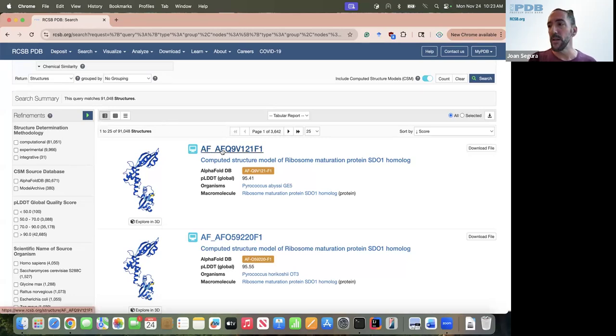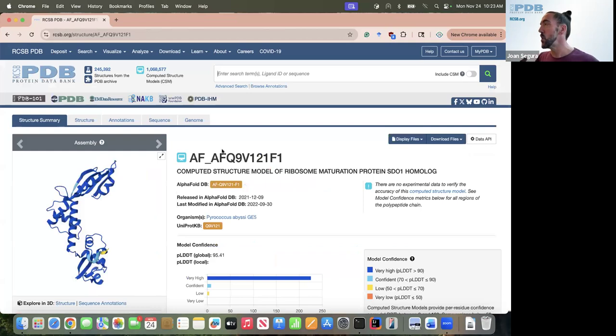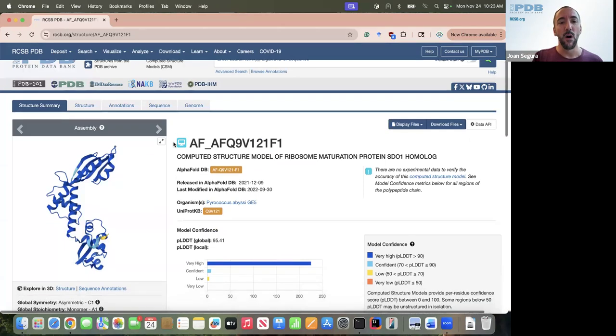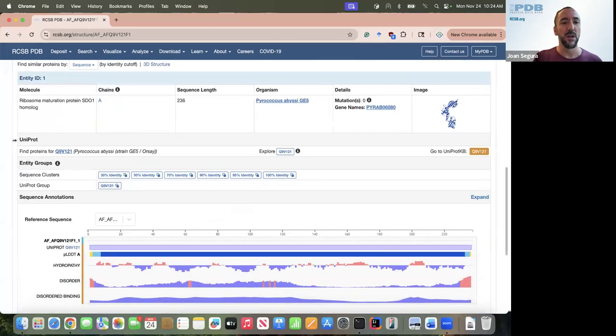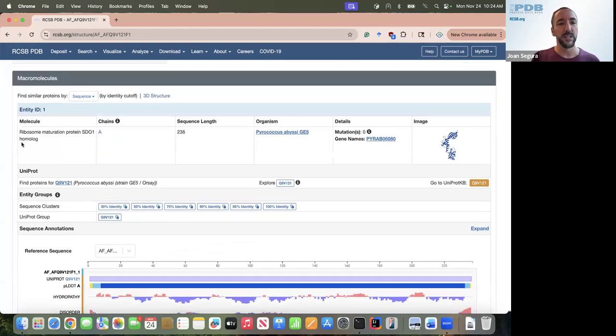So let's see what information is available here. As I said before, basically the information that we have is the same as for experimental entries. All the models come with a structure summary page, where you also have the macromolecules section.